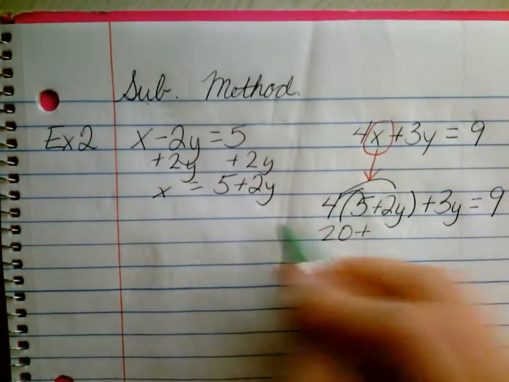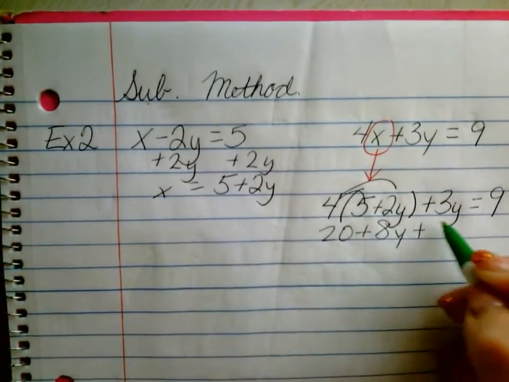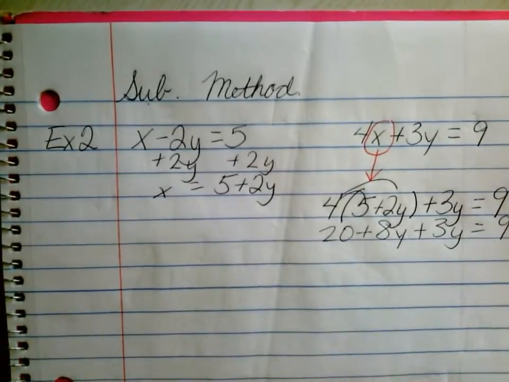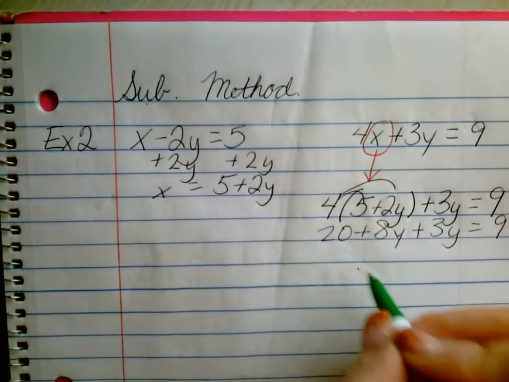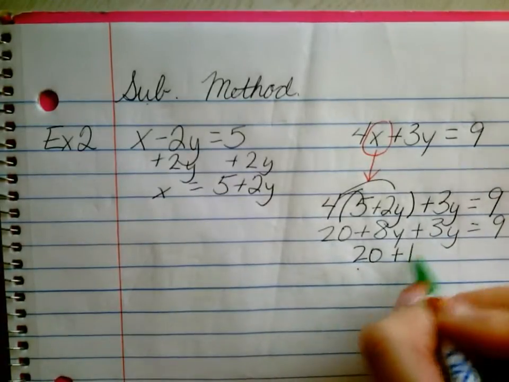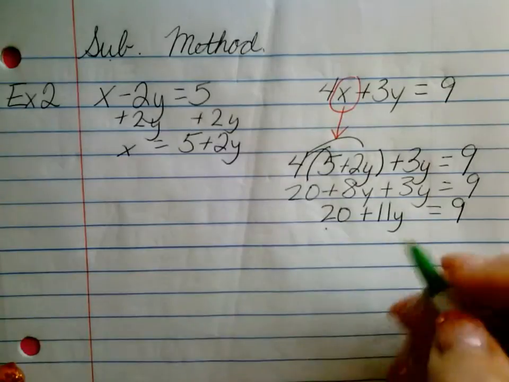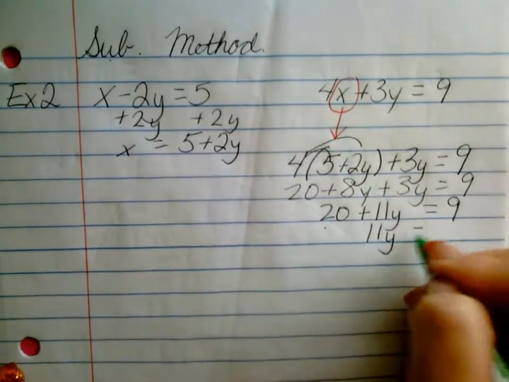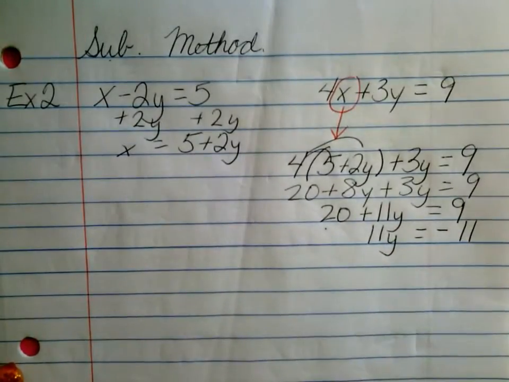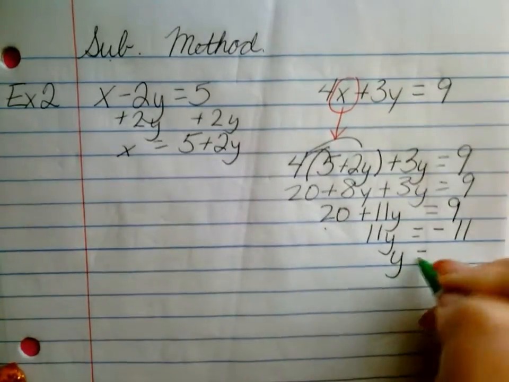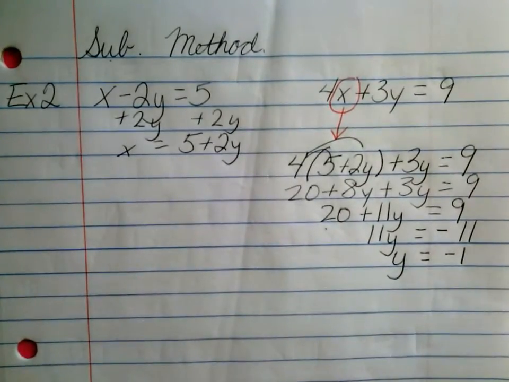20 plus 8y plus 3y. Combine like terms. Subtract your 20. Divide by 11. Look familiar?